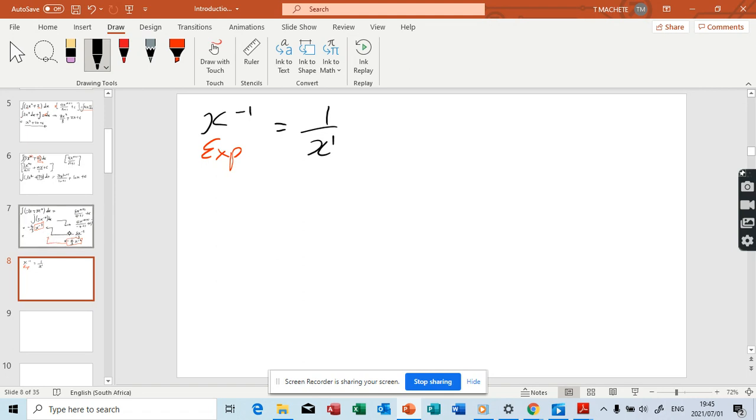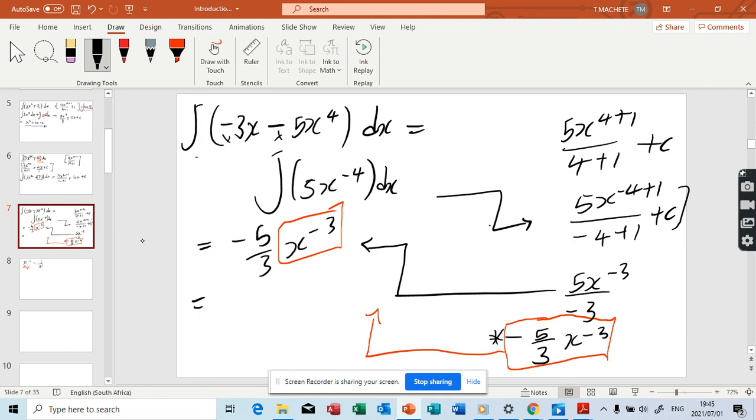Yes. So let's go back. How can you write this in standard form, not in exponential form? So basically you'll get minus 5 over 3 x cubed.